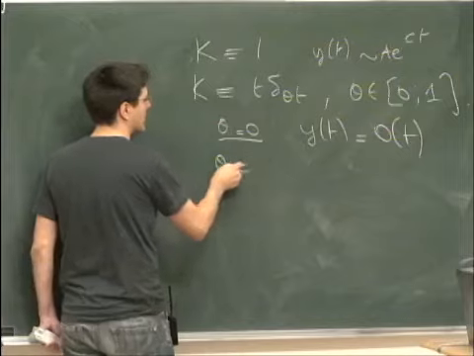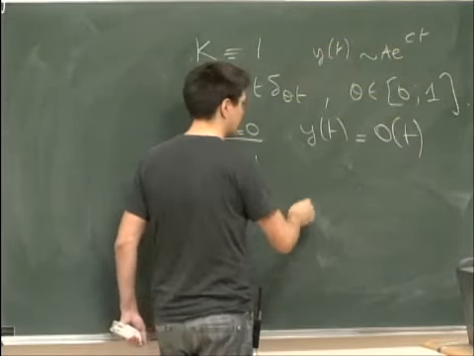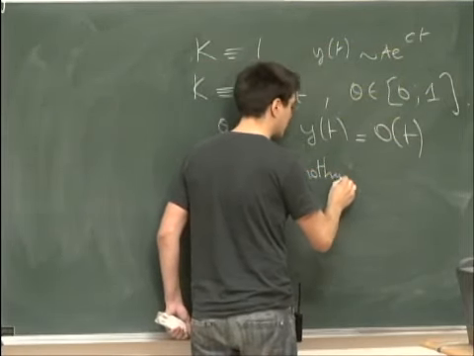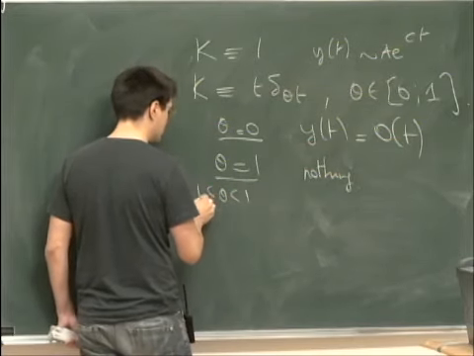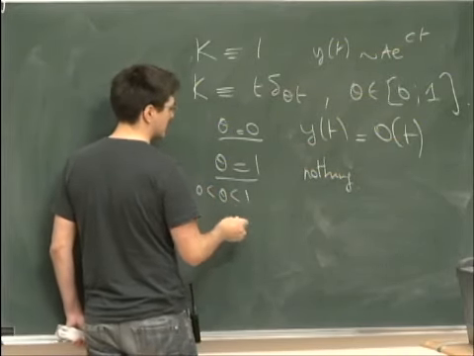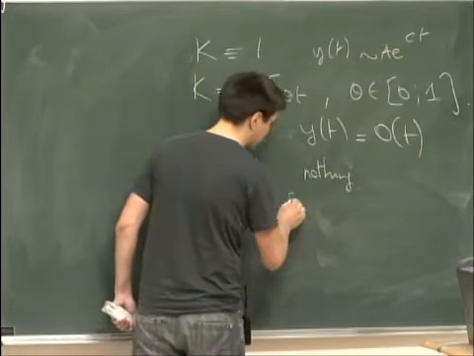If theta equals 1, that's catastrophic. You have absolutely no estimate on the growth. And if theta is between the two, you have a sub-exponential growth.